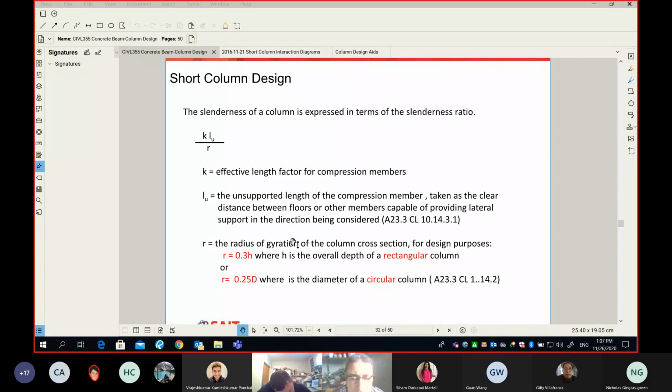What governs the buckling is something called the slenderness ratio. When the member is slender, it suffers much from buckling. When the member is, I would say, chubby, big compared to its length, then it suffers less from buckling.